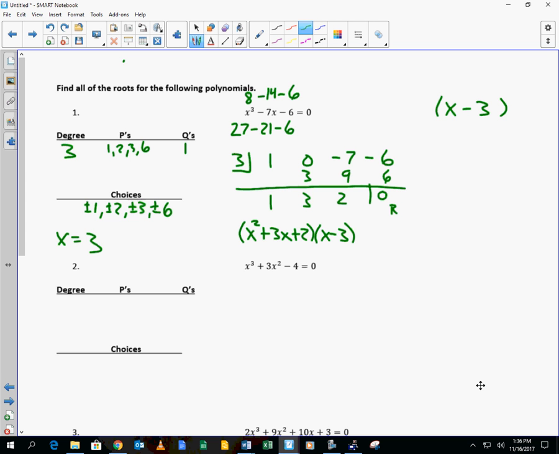I know that 3 is a solution. Does this factor? Yeah, it does. x plus 2, x plus 1, x minus 3. So we've got solutions of 3, -1, and -2. Are those all listed in our choices? Yeah, there they are.